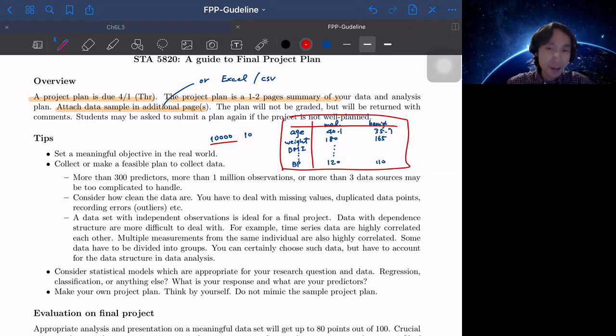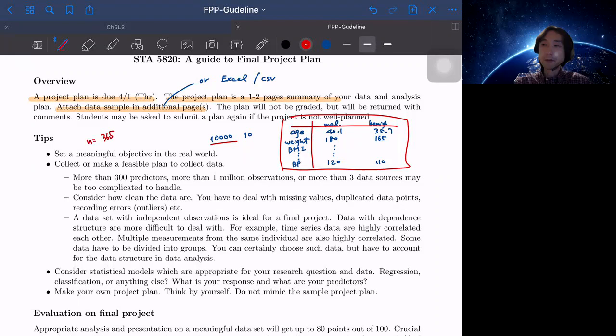And another case where the project plan has some problems is when the data structure is too complicated. For example, you download the data of daily temperature in several cities for 365 days. Okay, so 365 days, this is 1 year and a good number.